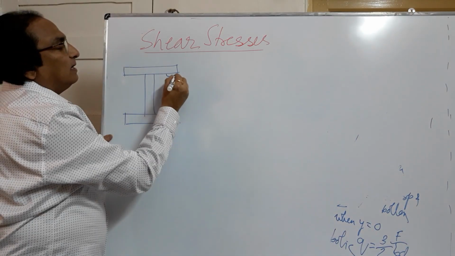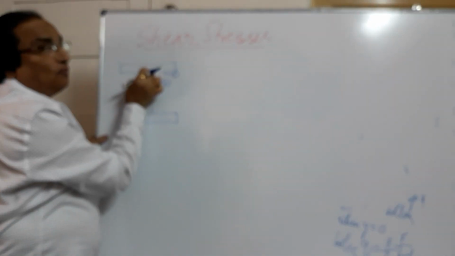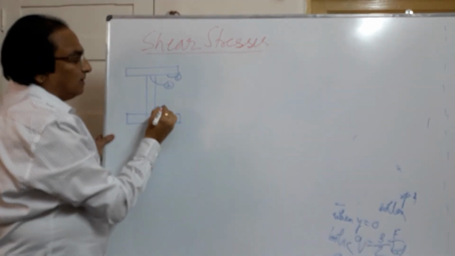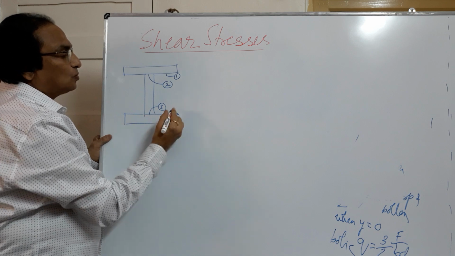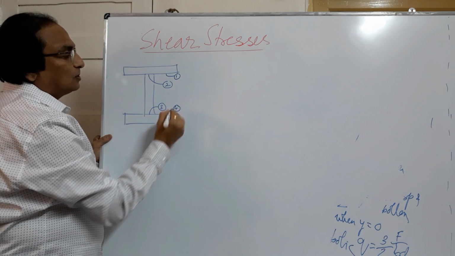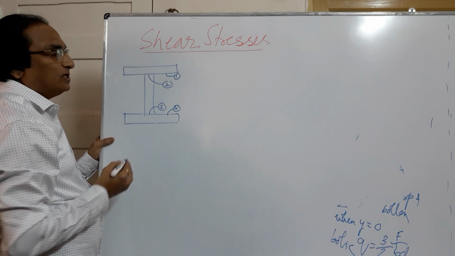This is one level where the width is the width of the flange. This is a second level where the width will be the width of the web only. This is the third level. Again 2 and 3 will be the same because the width is the same, and this is the fourth level. So we come across 4 levels along which we will be drawing the shear stress diagram.